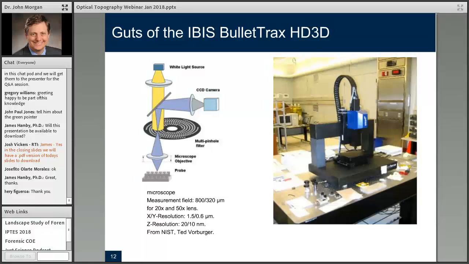Now, one thing I want you to keep in mind with all of these systems is that there are artifacts in any kind of imaging system that you might choose. You really do not know, for example, that the Z data you're getting is an exact replica of the Z data from the object.